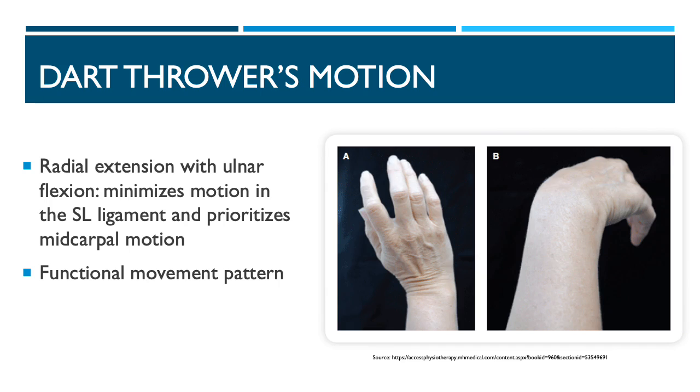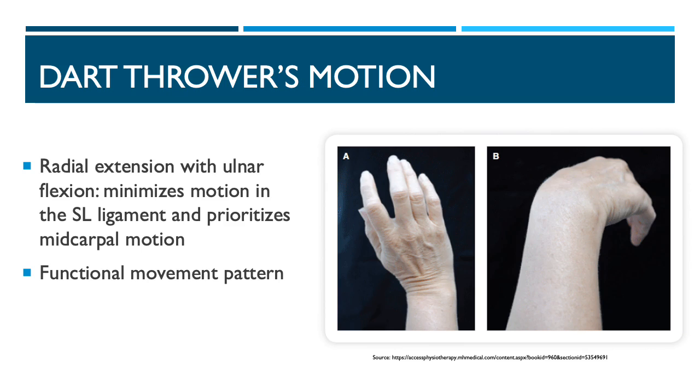I wanted to talk first about the dart thrower's motion. The dart thrower's motion is something more recent in hand surgery and hand therapy research. It is a more functional plane of motion that combines radial extension with ulnar flexion. So say that again, radial extension with ulnar flexion.